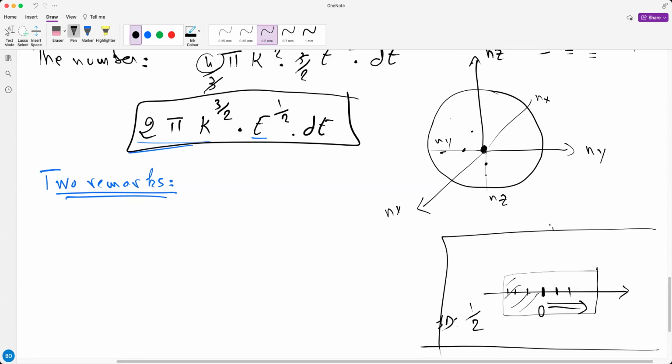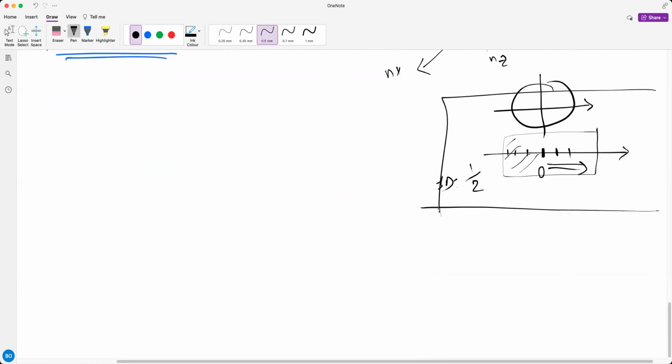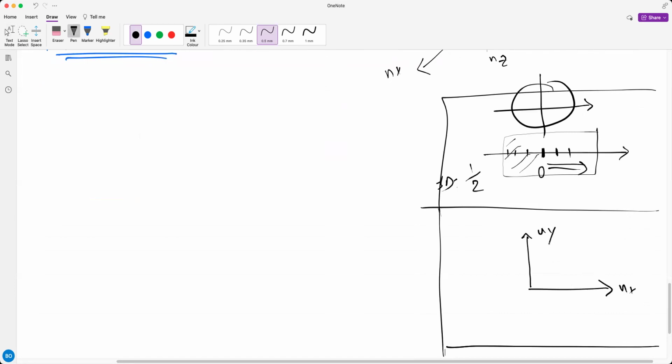So in 2 dimensions, let's say this is nx. Let me make it very clear. I have nx and ny, right? In order to have a symmetry, I'm taking the whole disk, the area. So it will be pi n squared, and this area gives me everything.